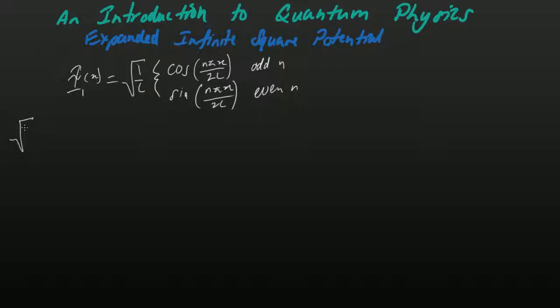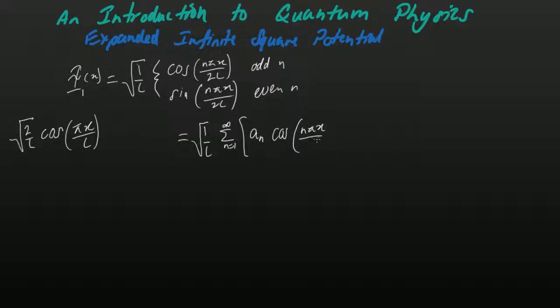It was cosine, and n equals 1, so it's pi x on L. We're projecting that onto our basis states that are in superposition, so we have to add them all together. And we have an here, cosine pi x.